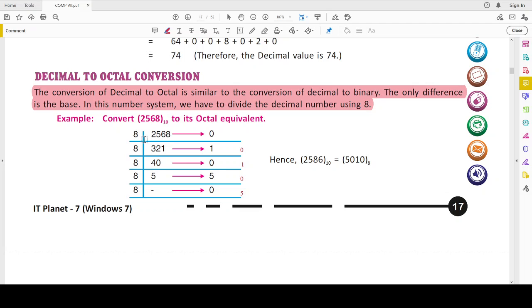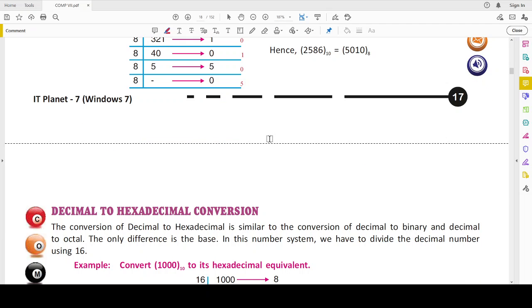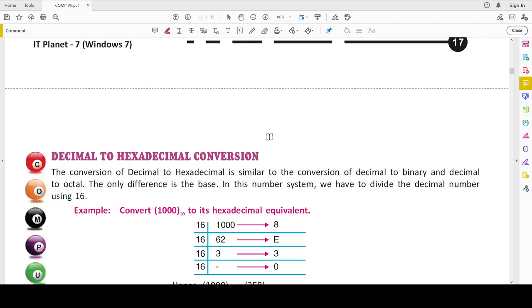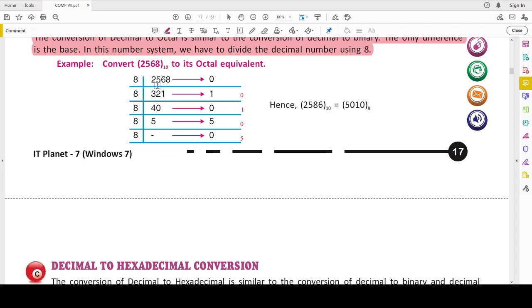So divide with the base of the number system you want to convert to. Right? I hope I am clear, and any questions you ask me so that I can clear your doubts in the next video. Okay. Decimal to hexadecimal. This one I have done for decimal to octal. Now we will do decimal to hexadecimal.